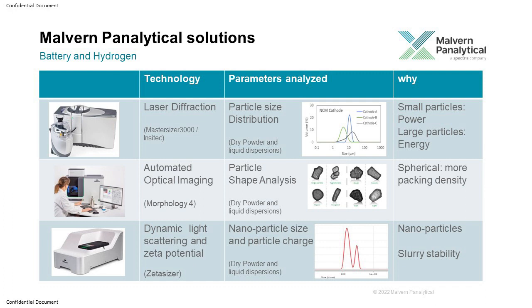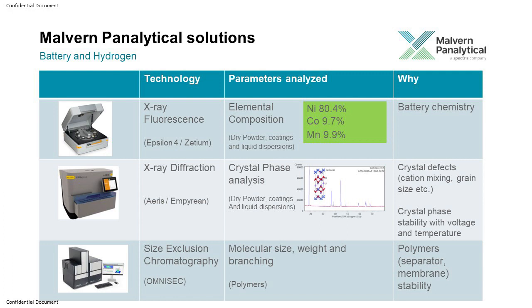But below 100 nanometers, the Zetasizer, which uses dynamic light scattering, is a better technique. And this also gives the zeta potential. That means in the slurry, you can measure the stability of the slurry, whether the particles will stay dispersed or agglomerate. If they have the tendency to agglomerate, the zeta potential can tell you that this slurry will not be stable.